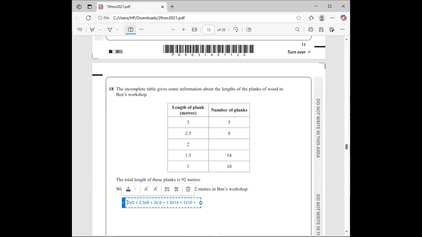Now, remember, all this is supposed to be equal to 92, isn't it? So we have an equation. All we now need to do is to collect like terms. Sorry, we'll first get the values out.